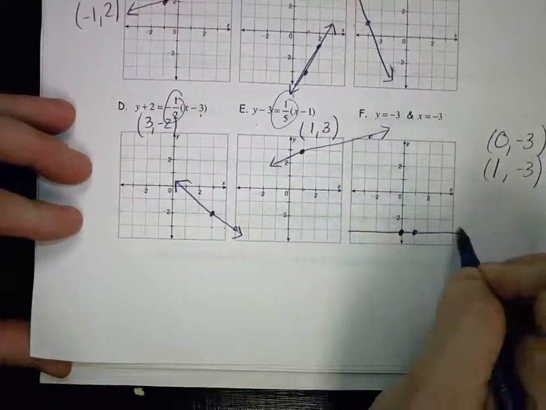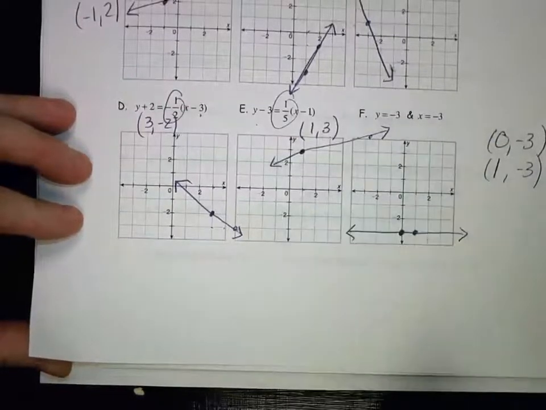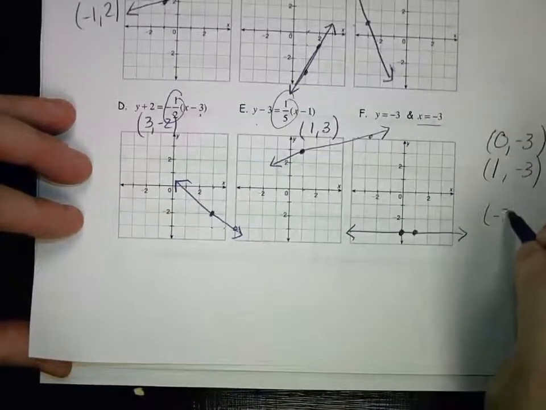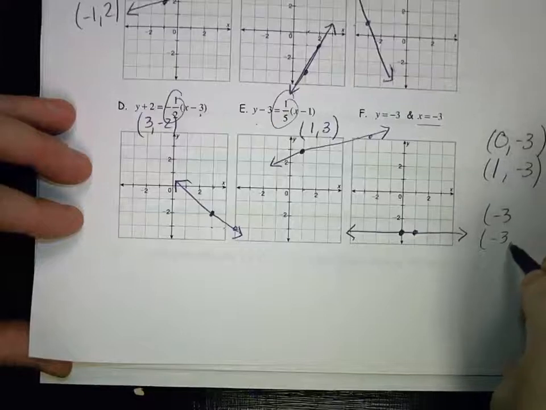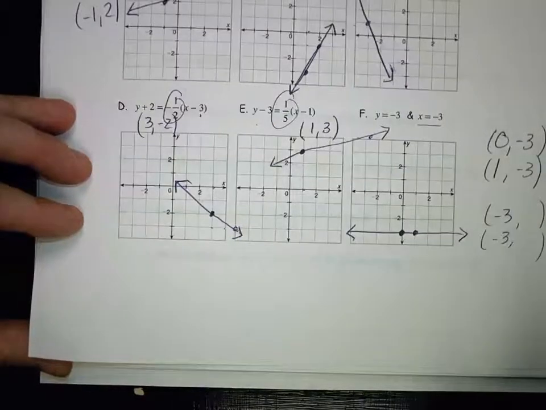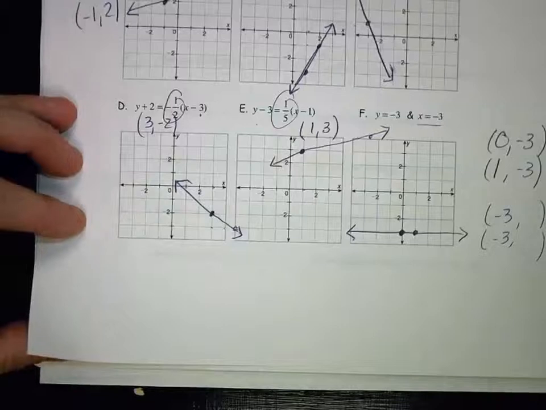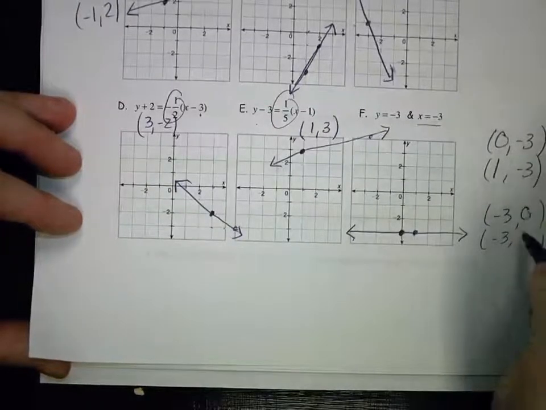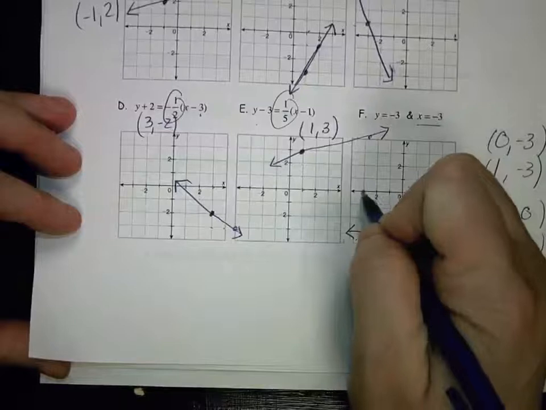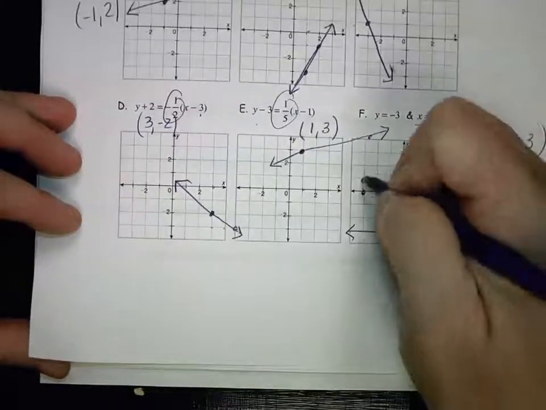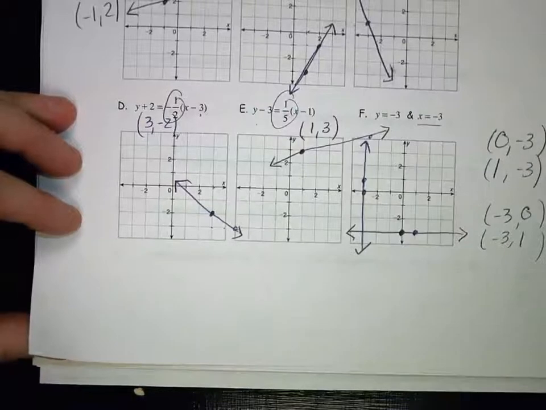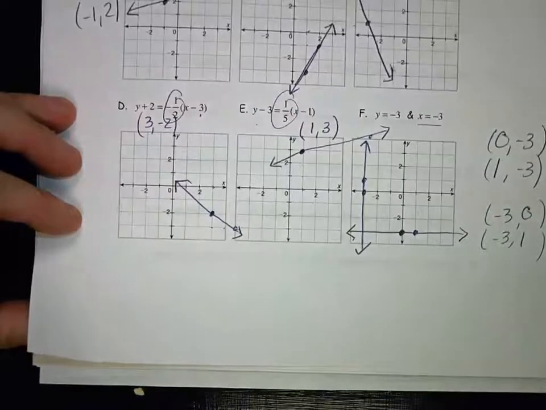And that shows you that the y equals line goes across. And our second one, for x equals negative 3, we're going to have a negative 3 in that first ordered pair. So negative 3, 0, negative 3, 1, and our line goes like that.